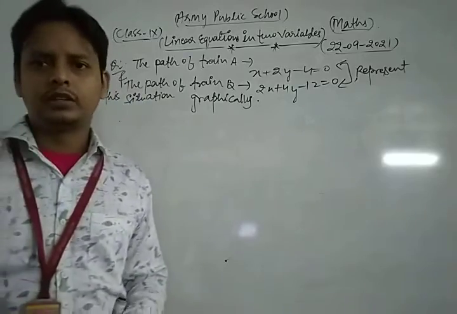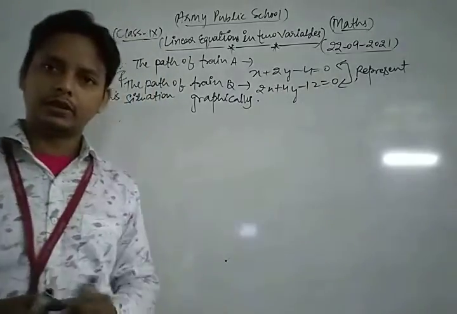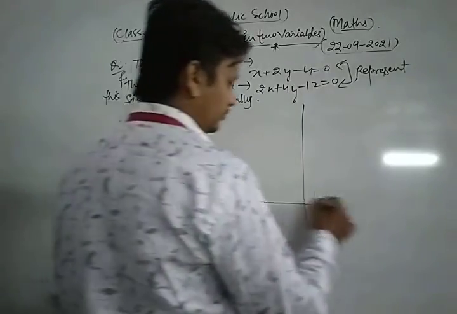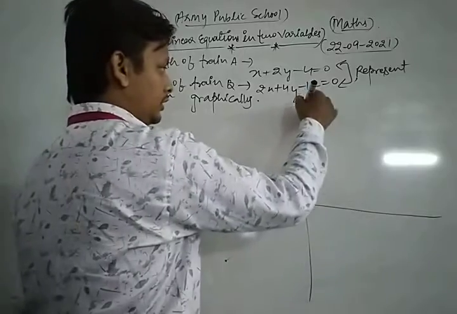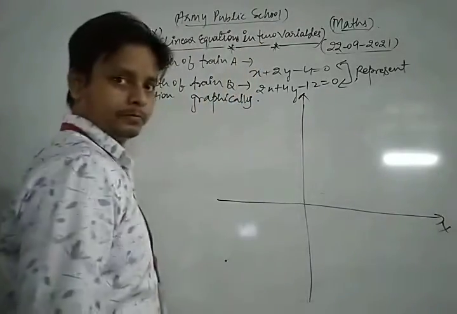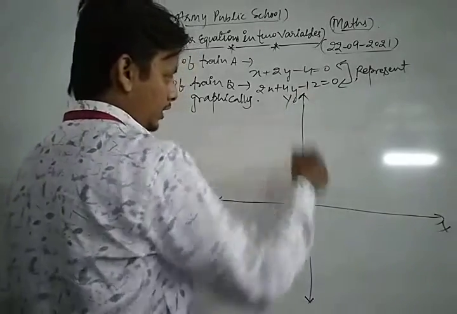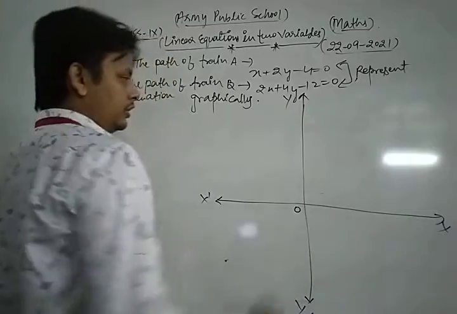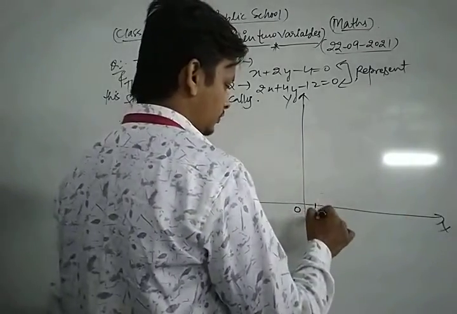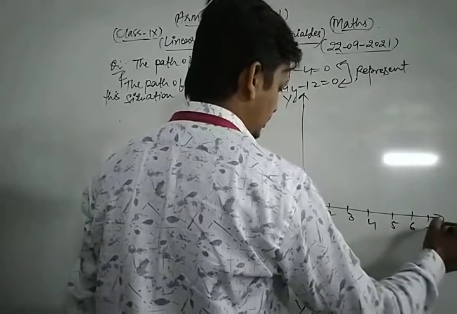So first of all, we draw the graph of both the equations on the same graph. Okay. Now look, first of all, we plot the graph in this way. This is X'OX, this is Y'OY. This is the origin. This is the positive direction of x: 1 2 3 4 5 6 7.